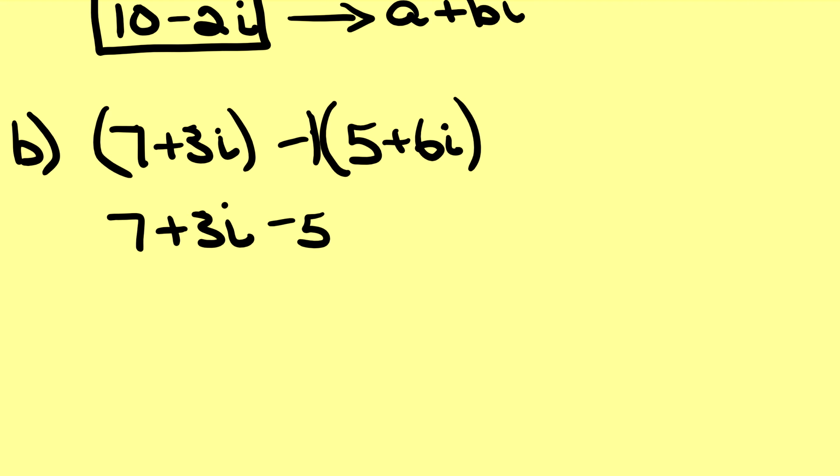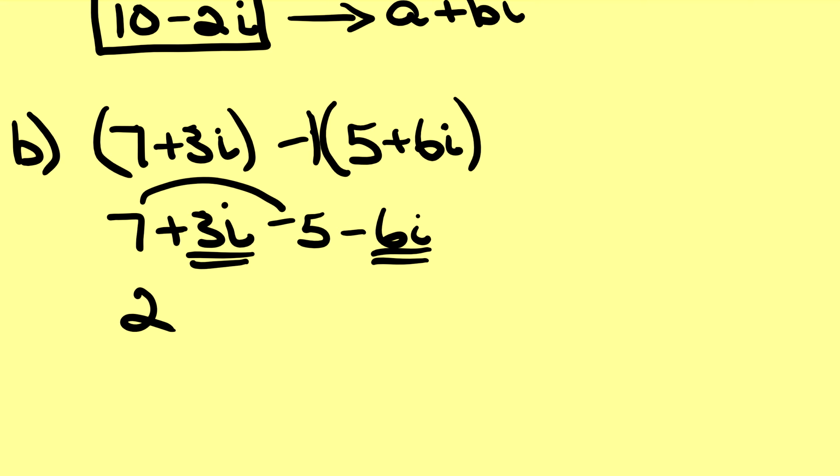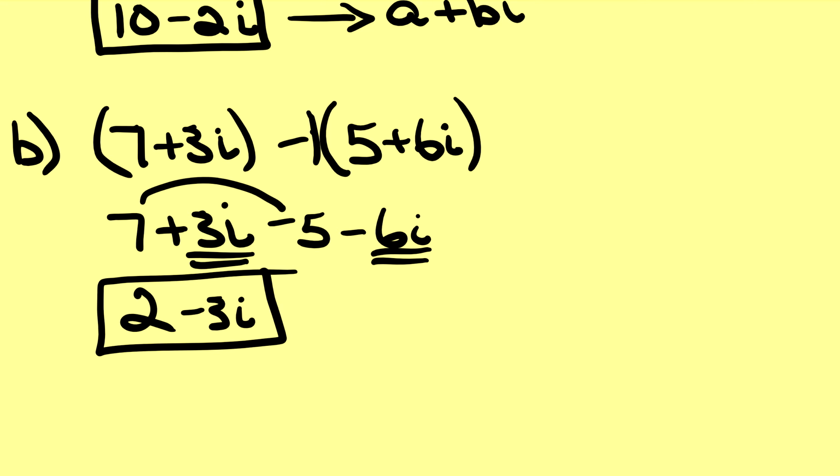Negative 1 times 6i, negative 6i. Parentheses are gone. Combine my like terms. 7 minus 5 is 2. 3i minus 6i is negative 3i. And it looks like I'm done with that one. Okay, pretty easy. Like I said, it's like doing the polynomials.